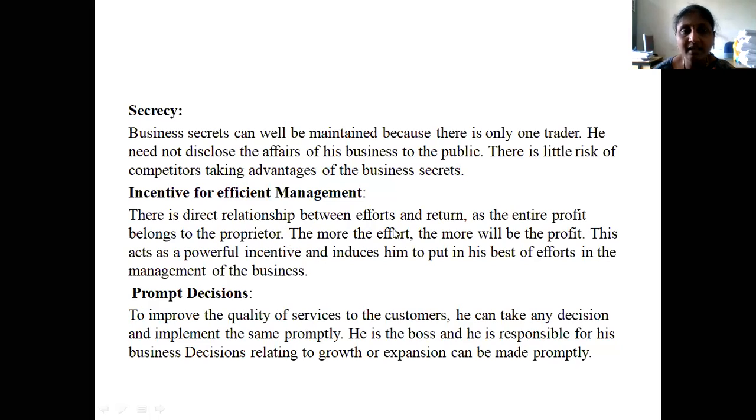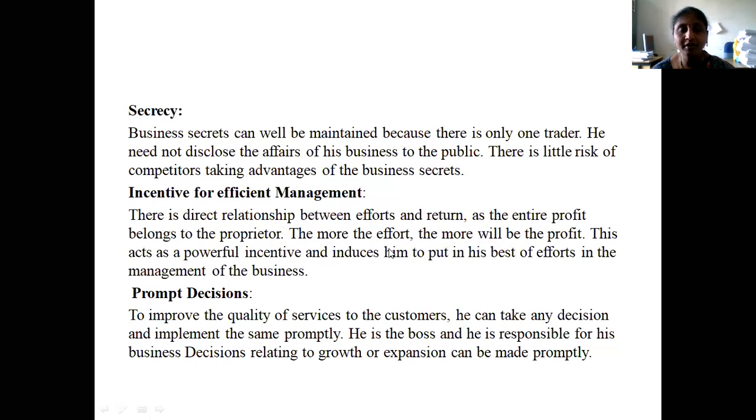So the more the effort, the more the profit. If you put more effort, skills and hard work into your business, automatically you will get more profit. This acts as a powerful incentive. What is the incentive consideration here?